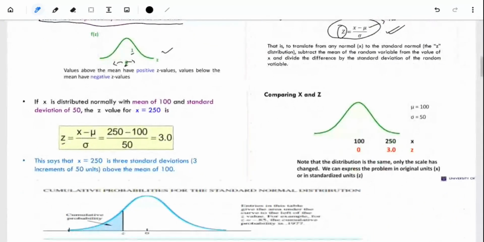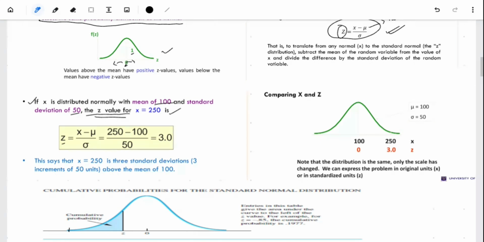So they gave an example here, and they said if x is distributed normally with a mean of 100 and a standard deviation of 50, the z value for x equal to 250 is what? So here you have to find the z value, and we know the z value is the standard normal distribution, or the z distribution.